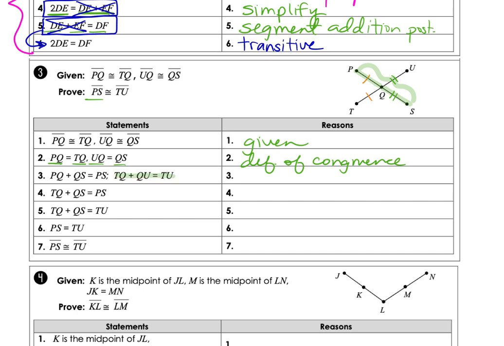And if you look here, they said the same thing there: TQ plus QU equals TU, the whole thing. So both of those are the segment addition postulate.